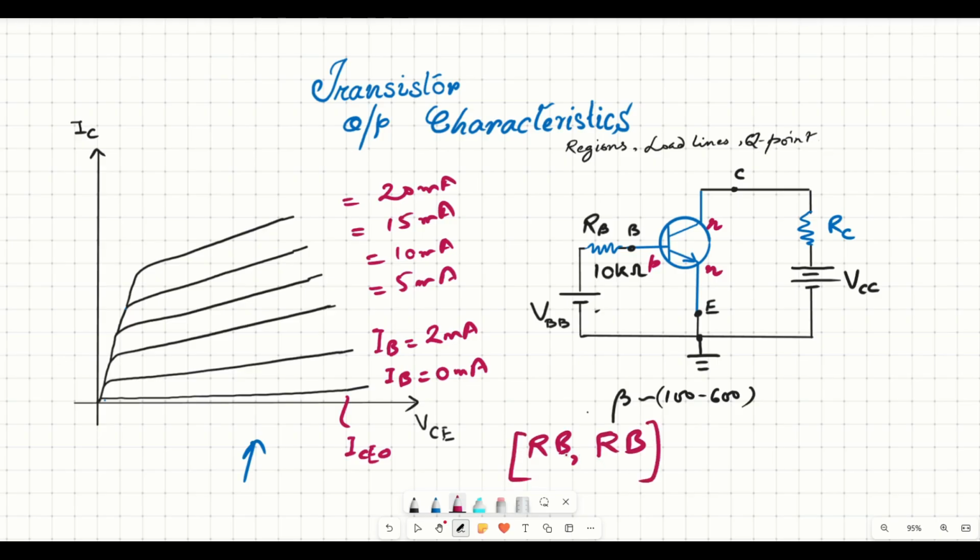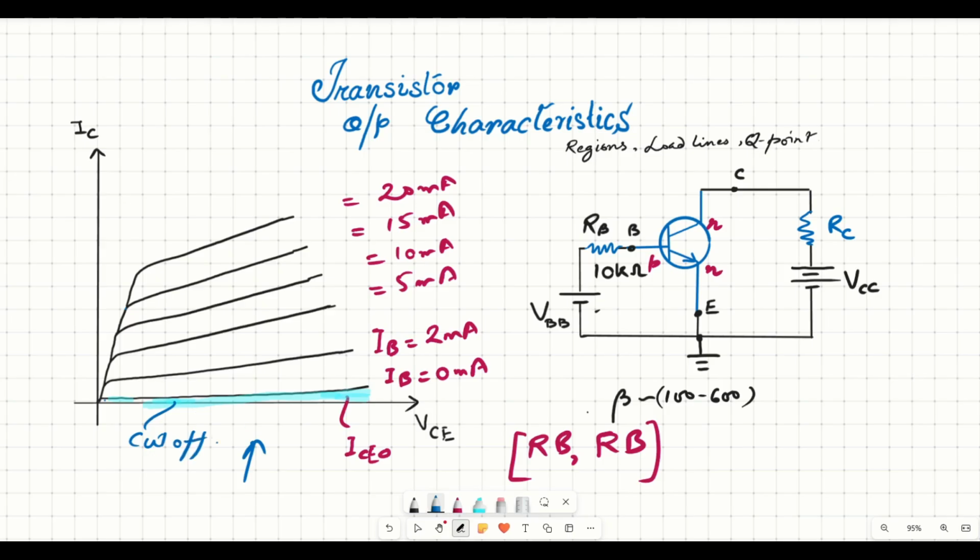In this condition the current will not flow across the transistor, but the little amount of current that we have is due to the minority charge carriers, which is the reverse saturation current, right? So this is the region which represents reverse biasing, and this operating region is called the cutoff region.